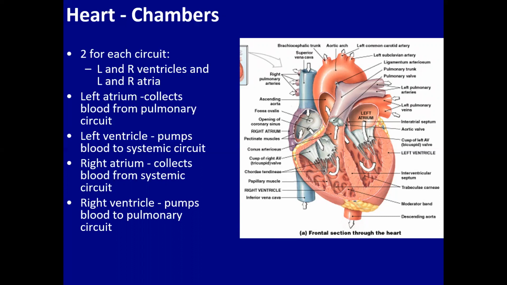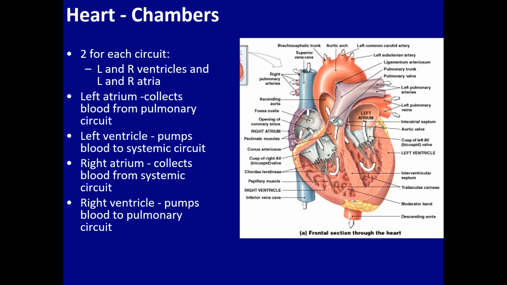Let's pause right here and let's look at the colors of the vessels as they enter or interact with the heart. First, let's look at the aorta, right? You see the aortic arch. It is bright red. I also want you to look at the left pulmonary veins, right?